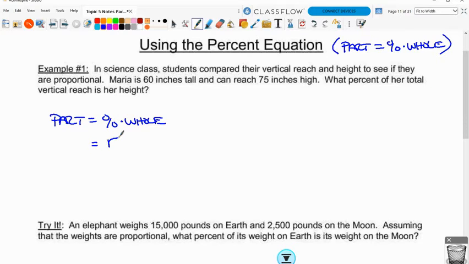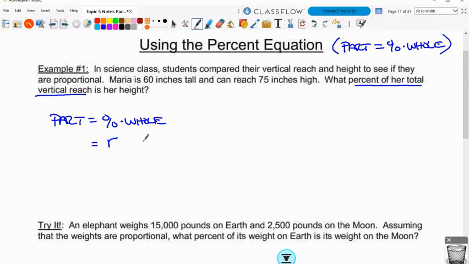Now we have to figure out the part value and the whole value that we can plug into this equation. Remember that we always find a percent of the whole. In this case, the percent of her total vertical reach. Her total vertical reach is going to be the whole value.